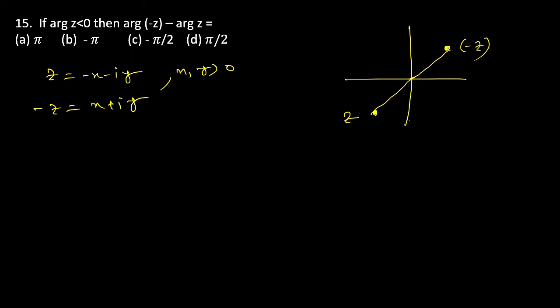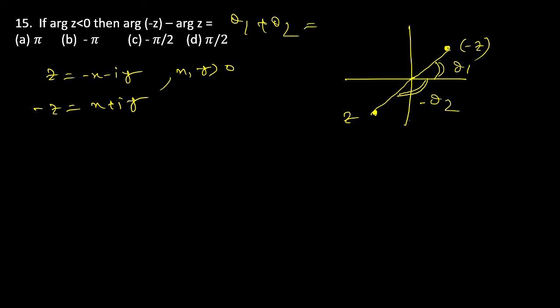Now the argument of minus z is, suppose, theta 1, and the argument of z will be this, suppose minus theta 2, since this is negative. So argument of minus z minus argument of z means theta 1 minus of minus theta 2, so it is theta 1 plus theta 2.